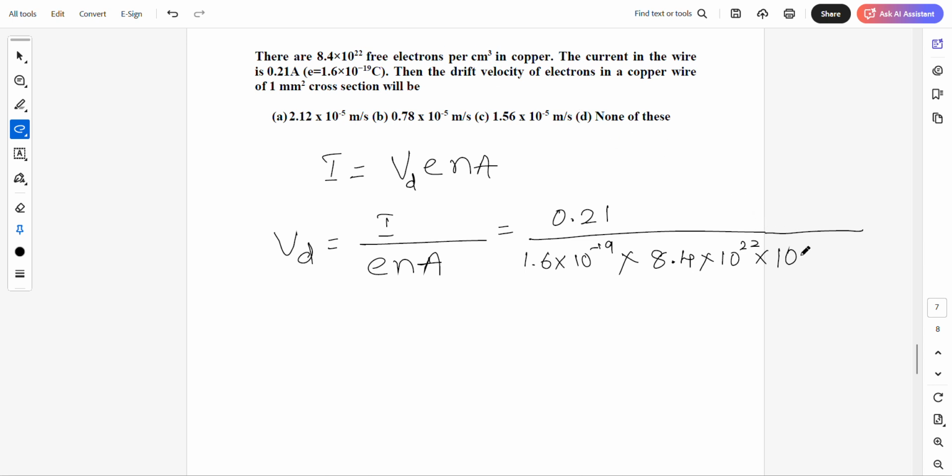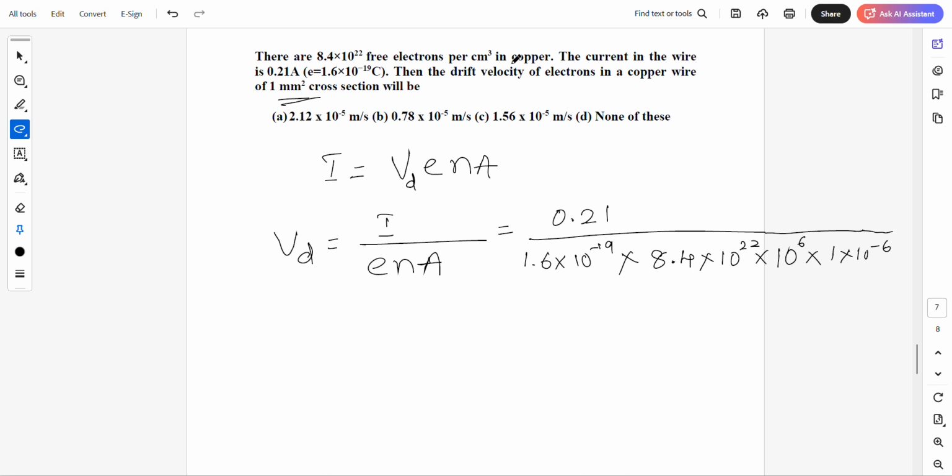When it comes to the numerator, it becomes 10 to the power of plus 6, into area. The cross section area is 1 mm squared, that is 1 into 10 to the power of minus 6. You have to convert this into meter square. This you have to remember.